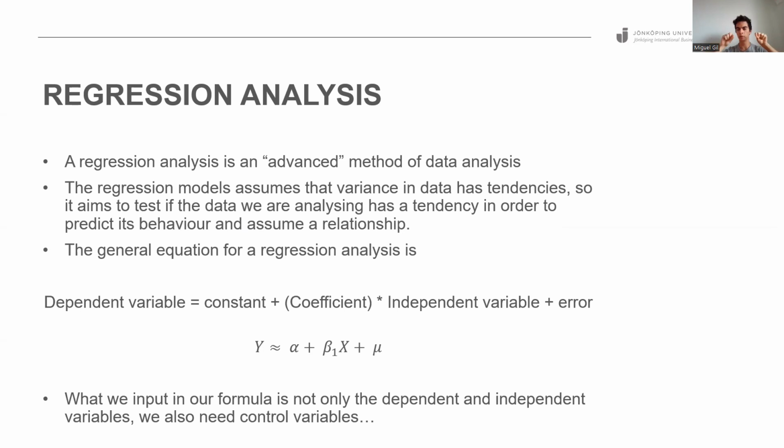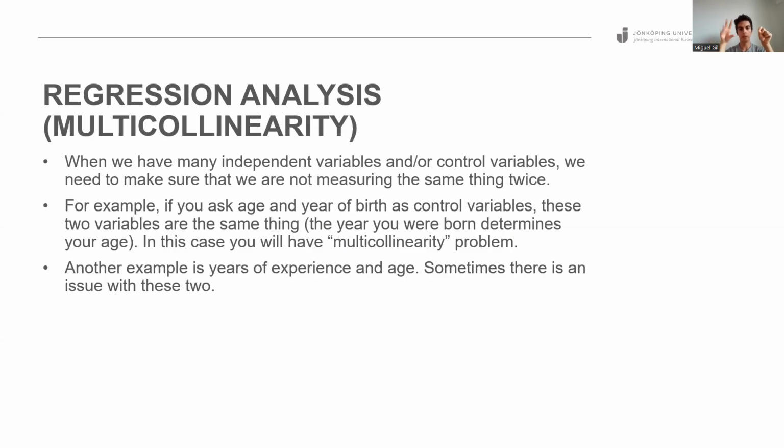That is a very simple model. We usually need more variables in our model. So we want happiness to be explained by financial stability, but we also maybe want to add another independent variable like relationship status, how happy you are with your relationships, or the motivation towards studying, for example.